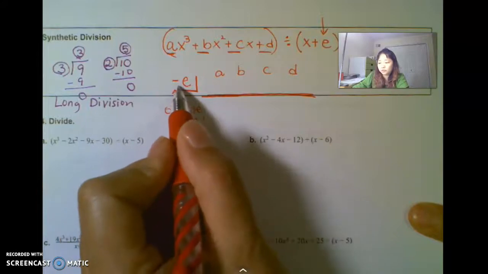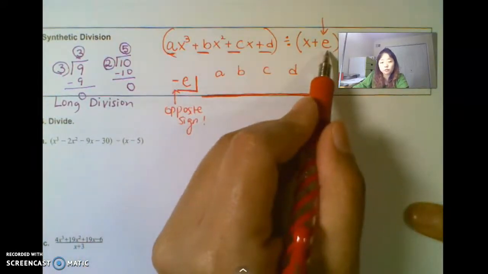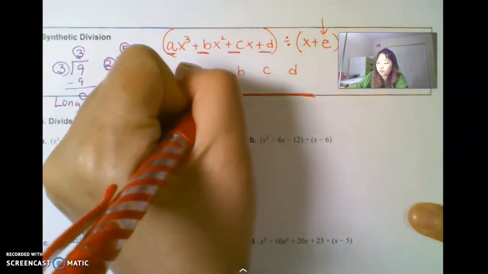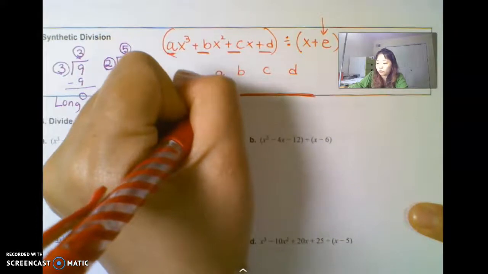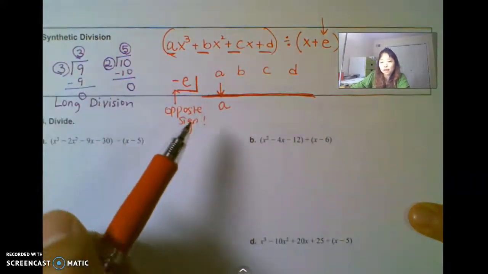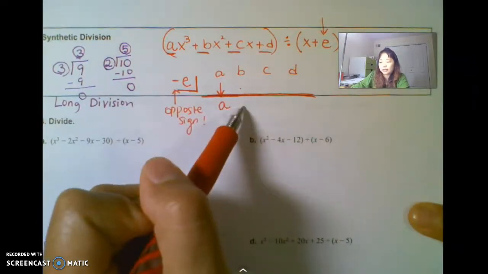So once you put the negative opposite of whatever this number term is, this is how we write it. We just bring down the A. We don't do anything, you just bring it down, and then we multiply these, put it here and add it.